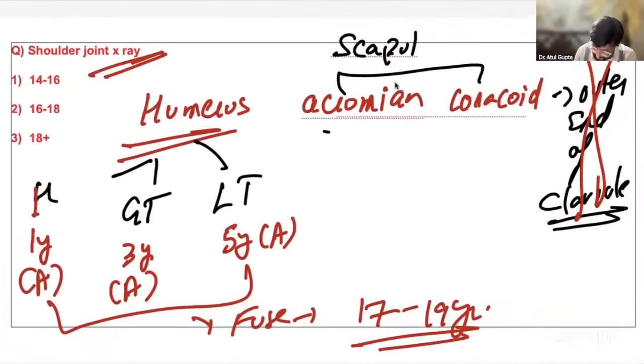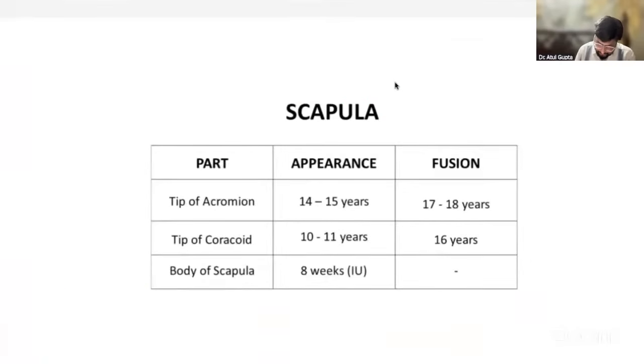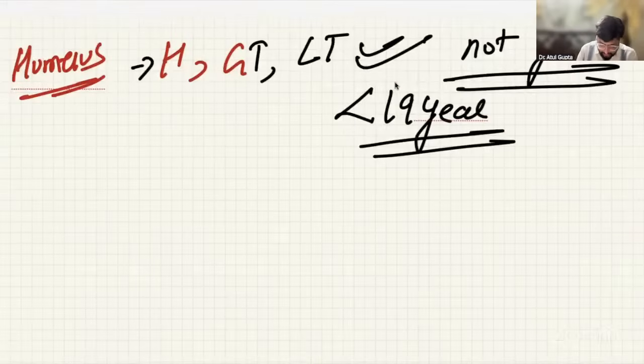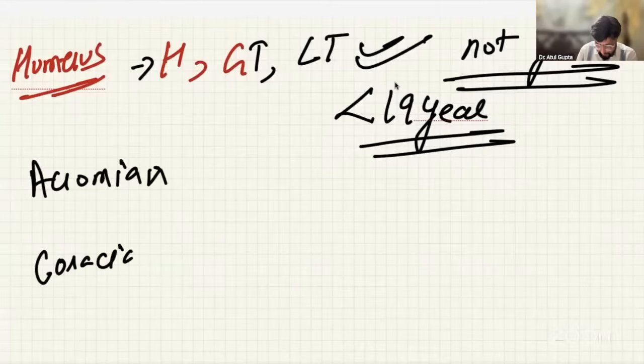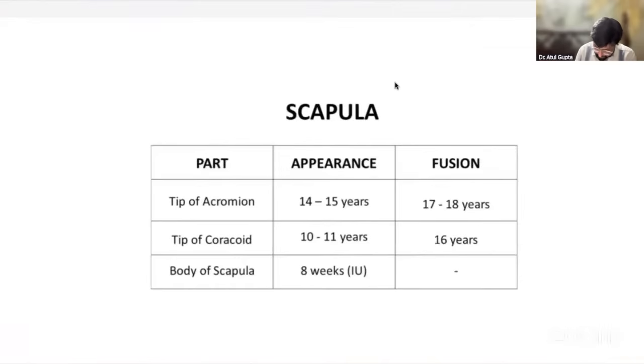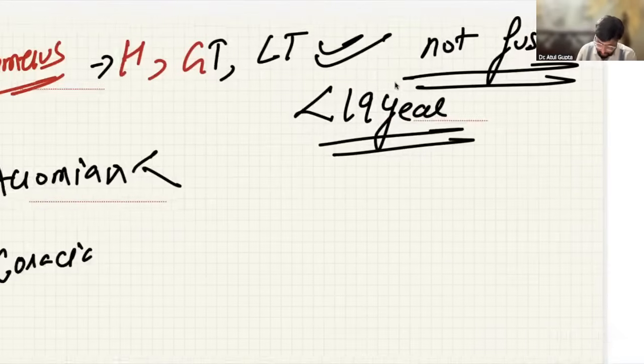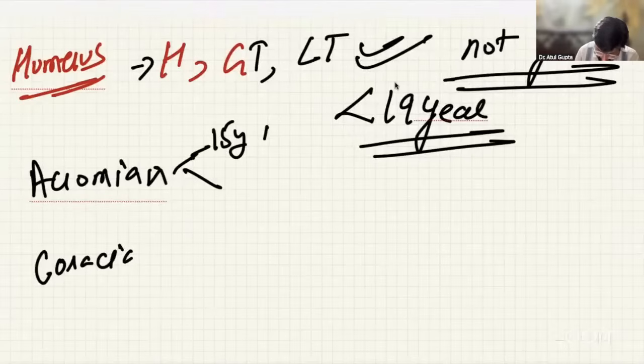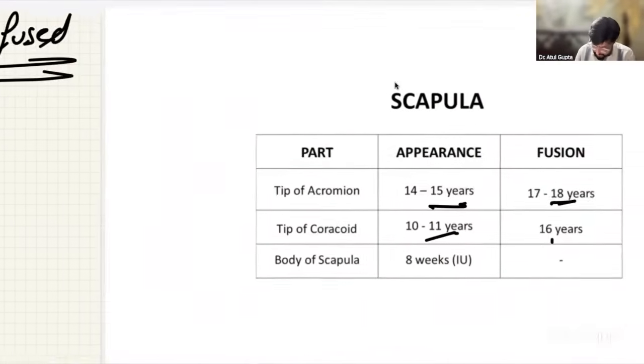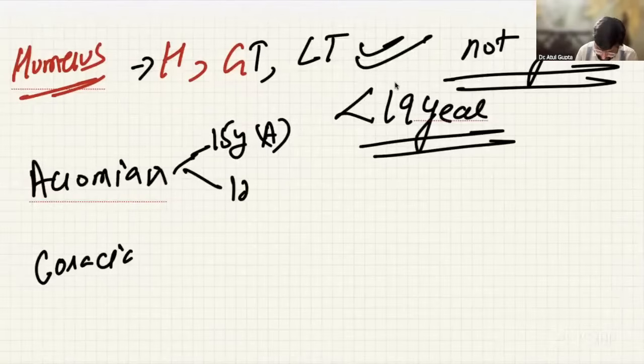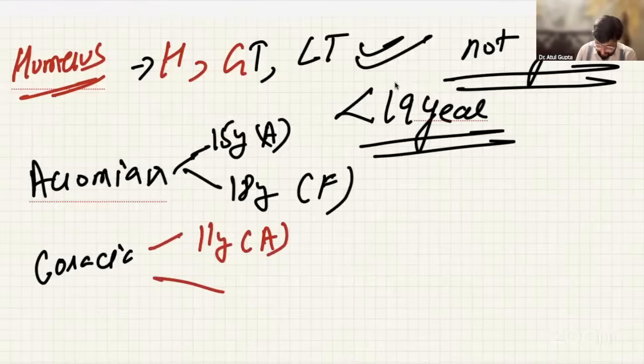Then the very important ones will be the acromion process and coracoid process. Please remember, the acromion process appears at 15 years and fuses at 18 years. The coracoid process appears at 11 years and fuses at 16 years.